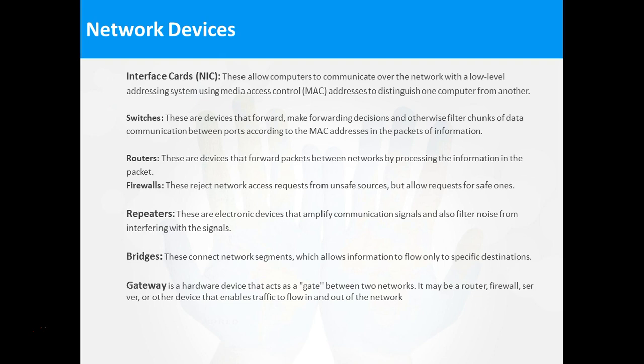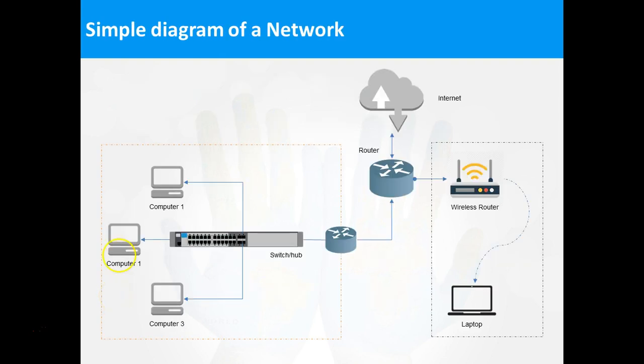The main function of a switch is to receive, process, and forward data from source to destination. The source and destination can be different computers. You can see the picture of a switch in this diagram.